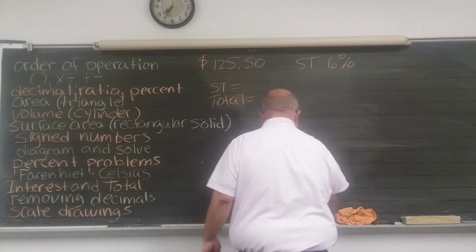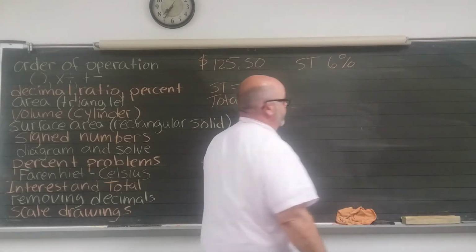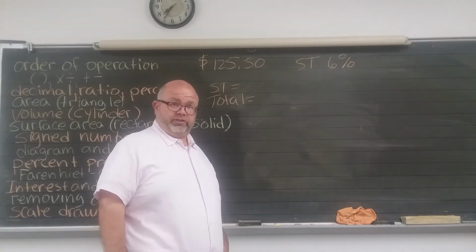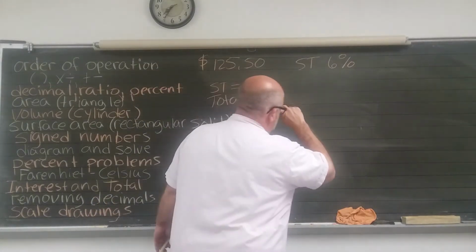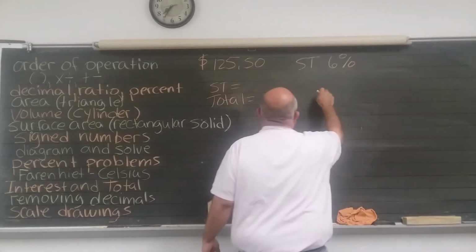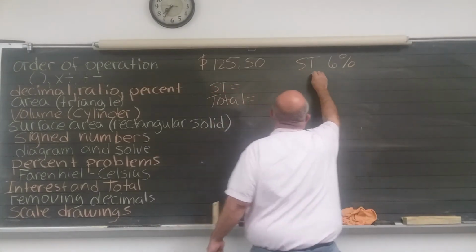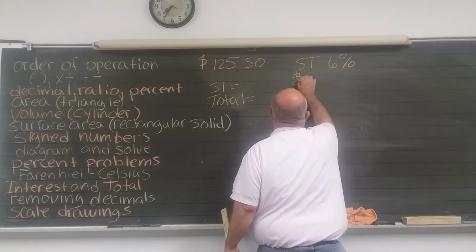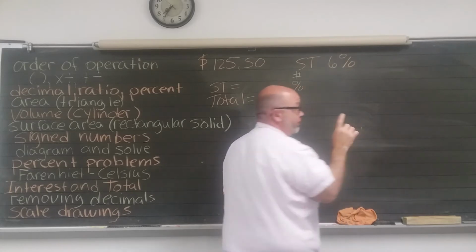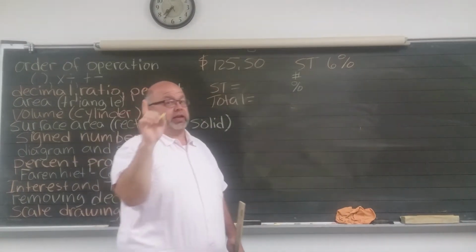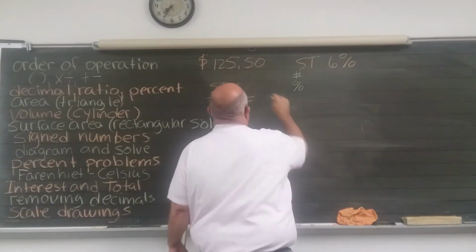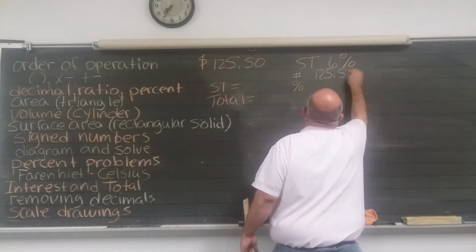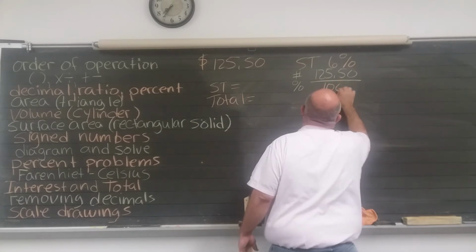So you're increasing, here's another way to say it, you're increasing $125.50 by 6%. Okay? And here, $125.50, you have a number over percent. Remember that. This is number over percent, not number over number in percent. $125.50 is 100% of the bill.